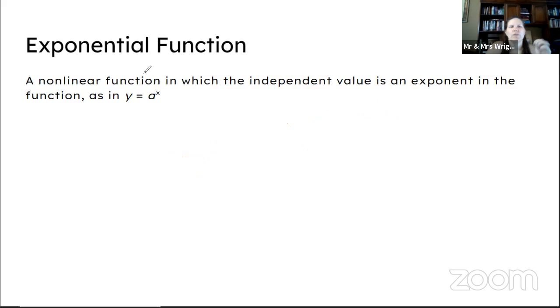And so when we have an exponential function, you have the variable as the exponent. So sometimes in my definition, I have y equals a to the power of x. Some people write it as y equals a times b to the power of x. Those end up being the same things. It doesn't really change too much, but I just want you to be familiar with both ways that it's written.